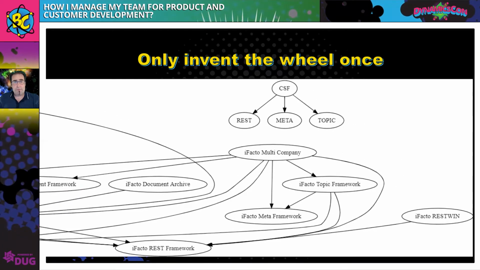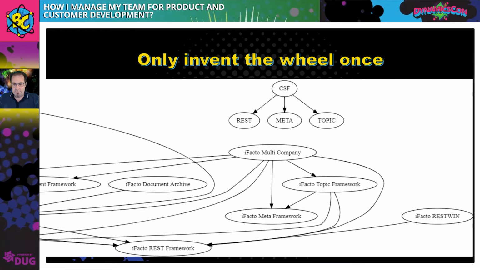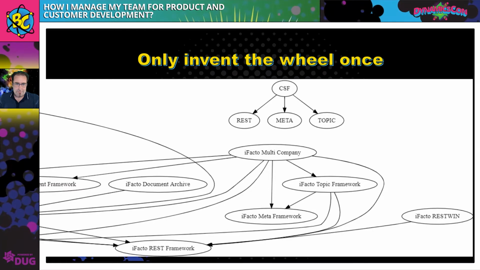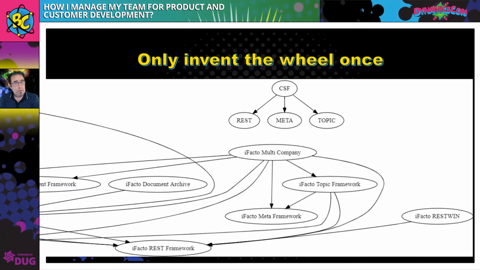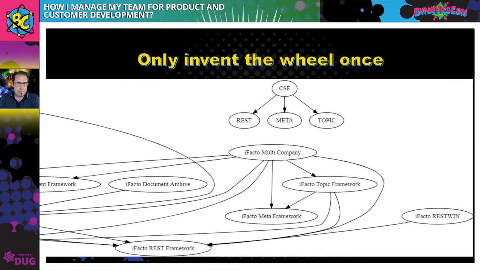It's 35 apps. With the test apps, it's like 70 apps. But not all of them are apps in the normal sense. Some of them are also what I call frameworks, but what in this sentence you would call a wheel. Things that have been reinvented and reinvented and reinvented every single time.